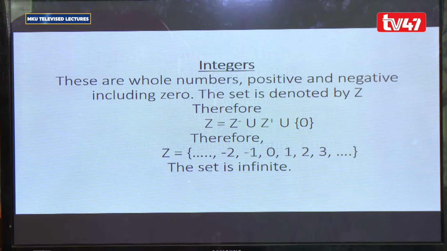Now the other set of numbers is integers. Consider a situation where we are looking at a number of goats people have in the compound, and someone has taken their goats to a friend's so that they can be there for some time, maybe for some reasons.